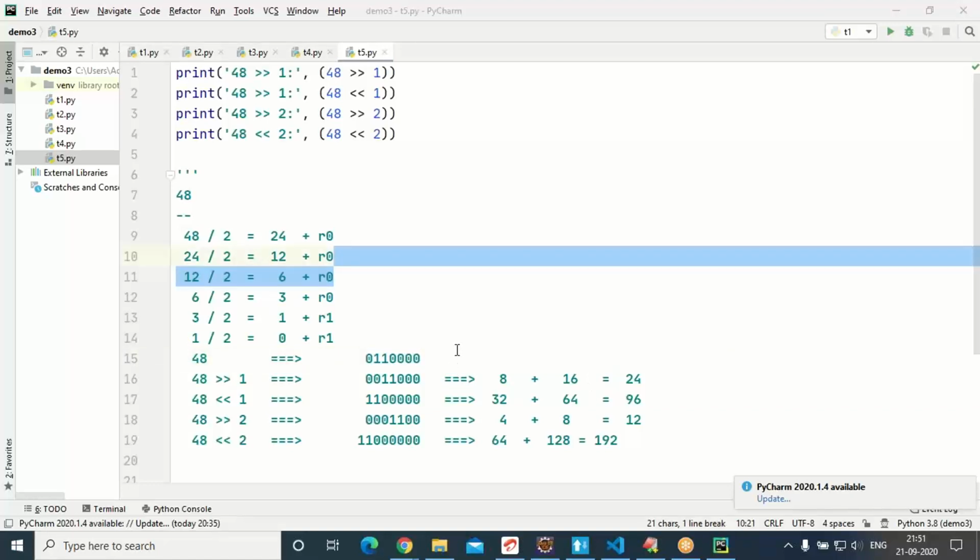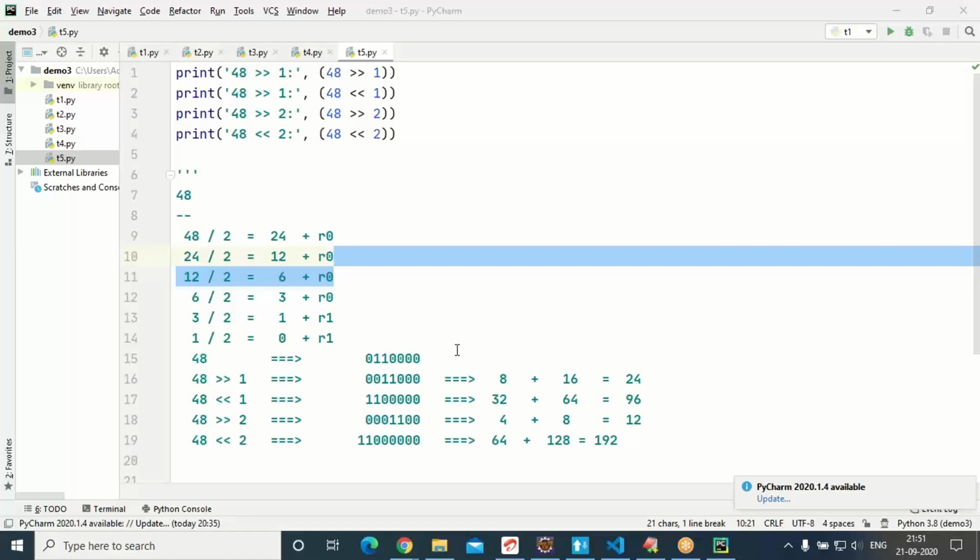Through these two examples, you can derive one pattern here. Right shift means divided by 2. Left shift means multiplication.